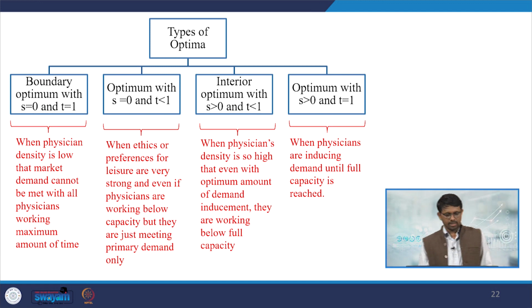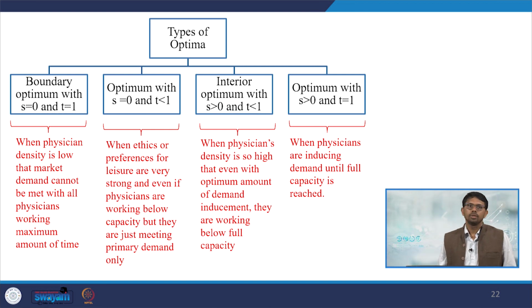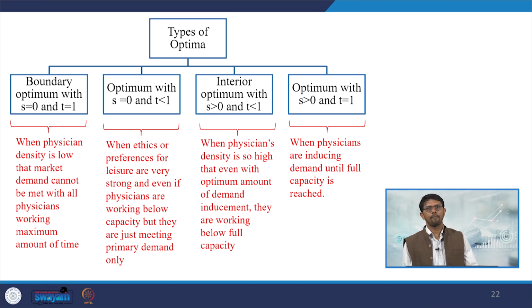In the second case, optimum with no induced demand, but t is a fraction of leisure time is left, when ethics or preference for leisure are very strong, and even if physicians are working below capacity, they are just meeting primary demand only, therefore s equal to 0.